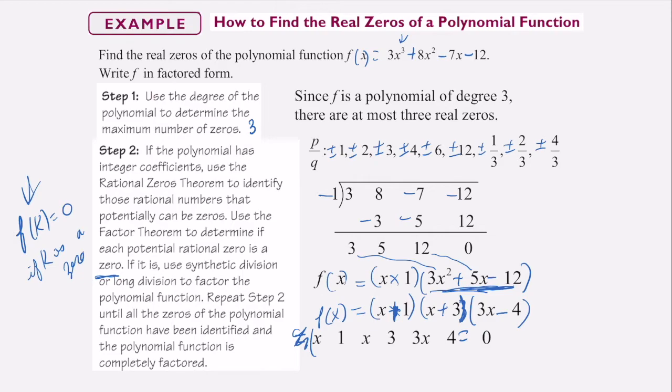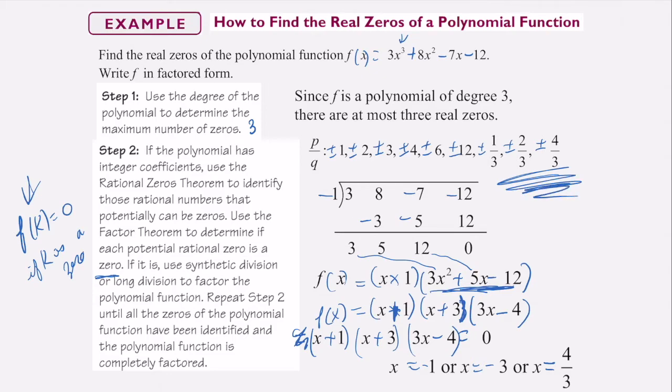So I have x plus 1 times x plus 3 times 3x minus 4. And if I set each of these terms equal to 0, I find that my zeros are x is -1, -3, or positive 4/3. And as you can see, all of these are potential zeros that we could have had.